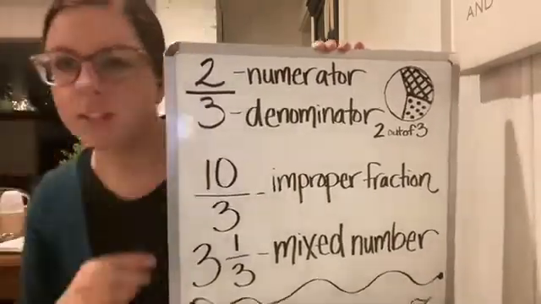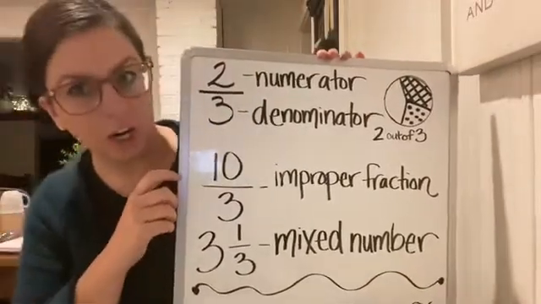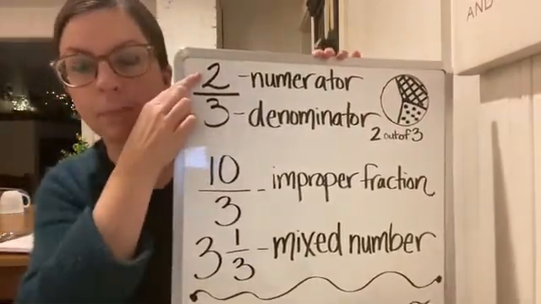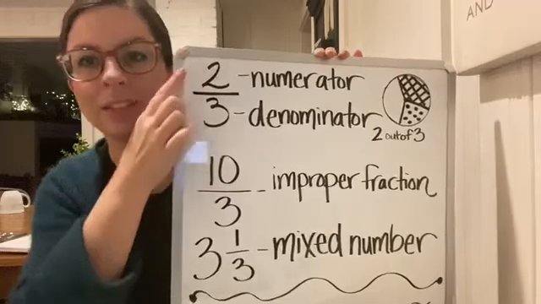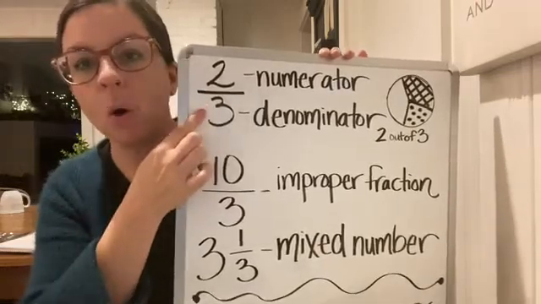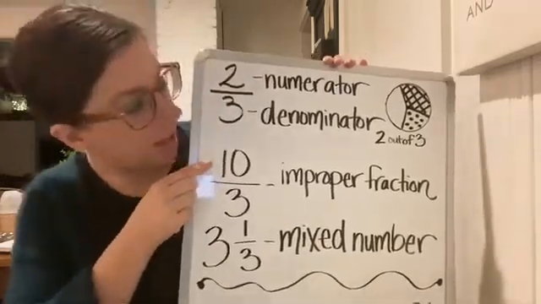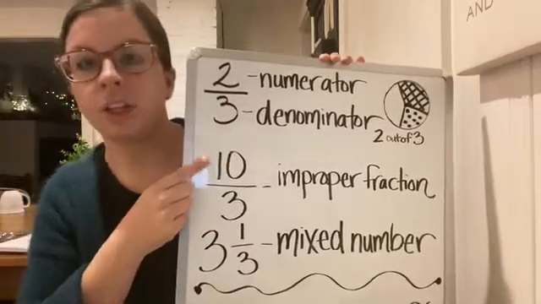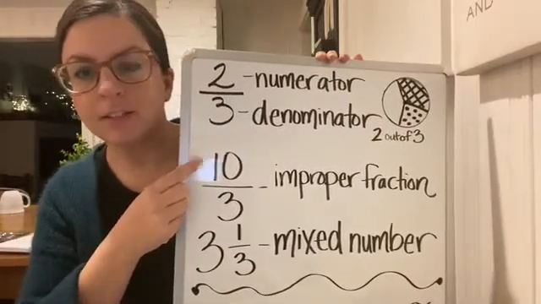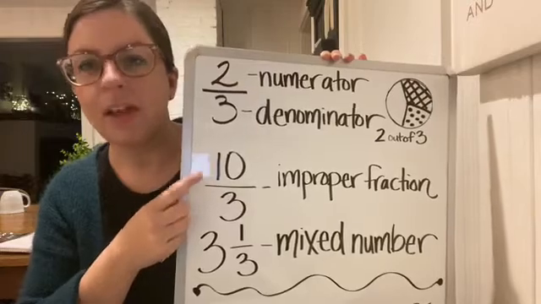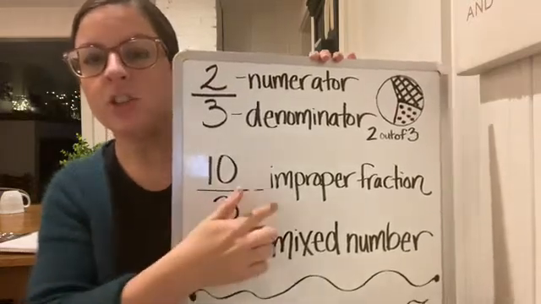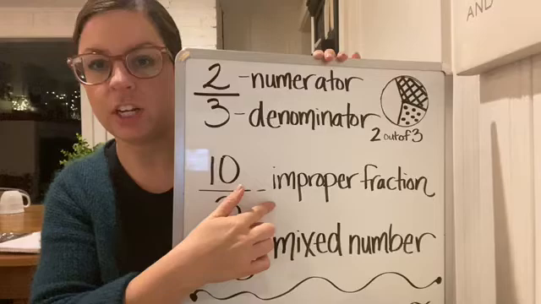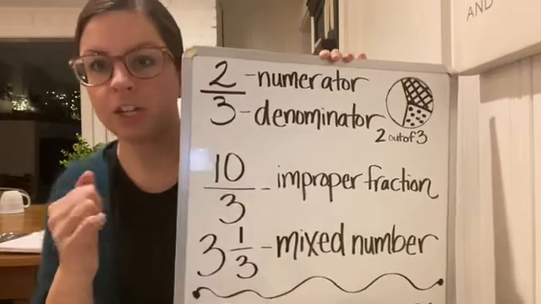So we also talked about how the numerator is supposed to be smaller than the denominator because the numerator is part of the whole. So if you see a fraction that has a larger number on the top and a smaller number on the bottom, that is called an improper fraction, okay? Improper fraction.